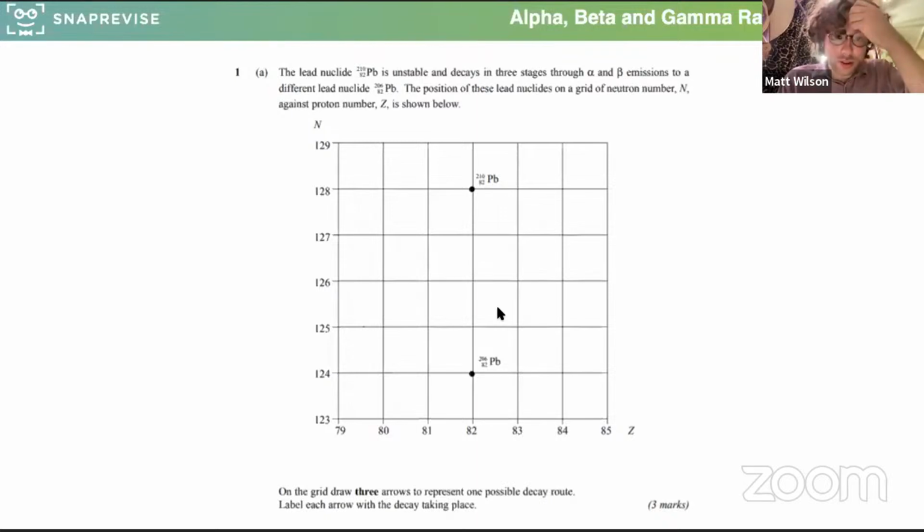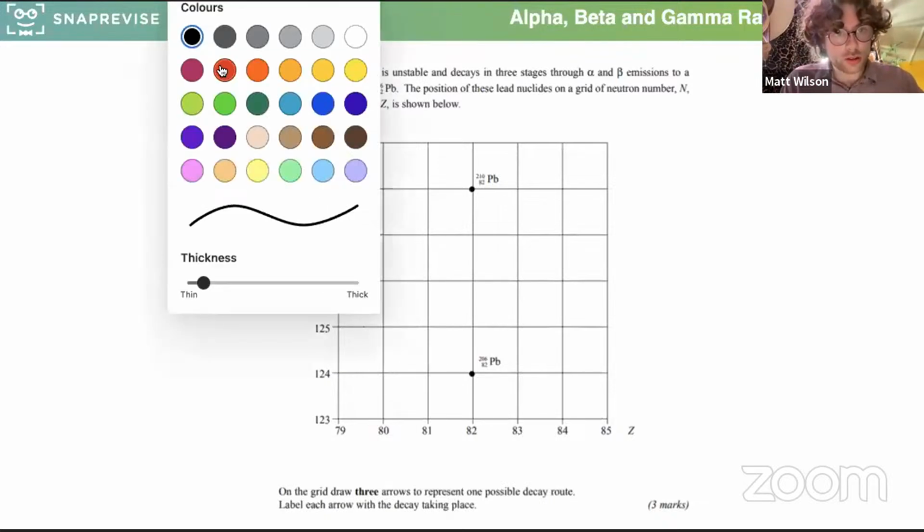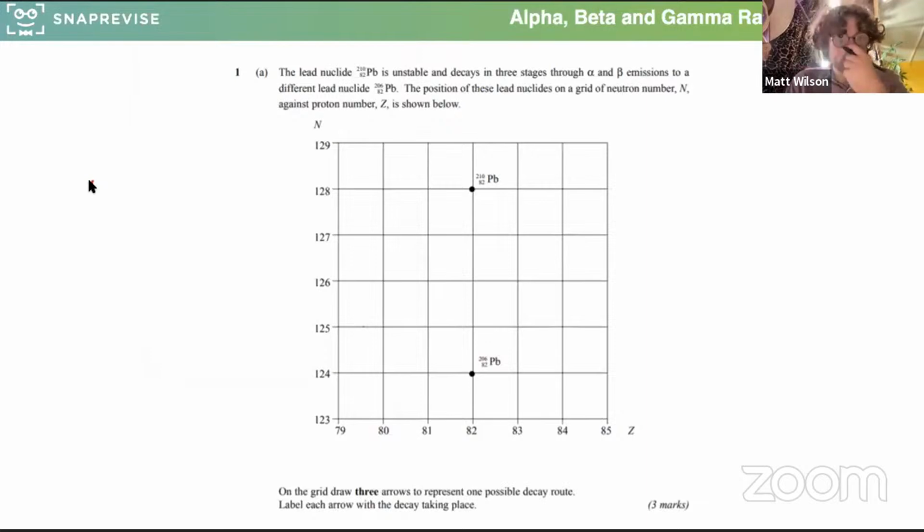The positions of these lead nuclides on a grid of neutron number N against proton number Z is shown below. On the grid, draw 3 arrows to represent one possible decay route. Label each arrow with each decay taking place. So it's going through alpha and beta emissions.